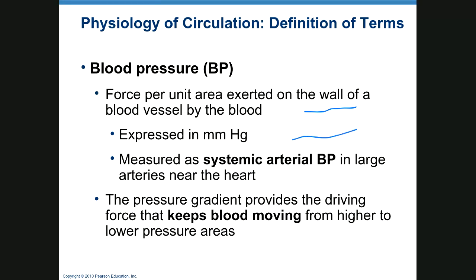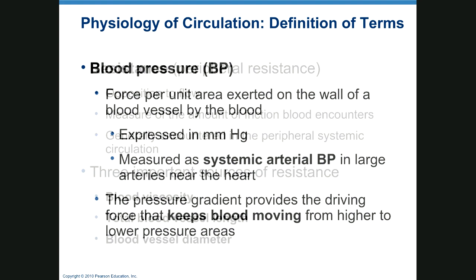When we're talking about blood pressure, as a rule, we're talking about systemic arterial blood pressure. You could measure other blood pressures, venous blood pressure, or even the arterial blood pressure going to the lungs, but it would take specialized equipment. It's not what we're doing when we say taking your blood pressure. We're looking at systemic arterial blood pressure, and it is the pressure gradient that keeps blood moving throughout the system.